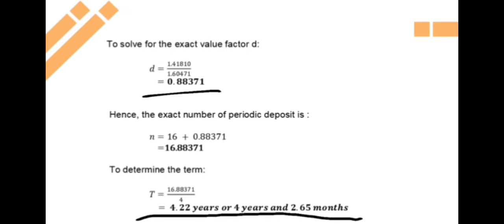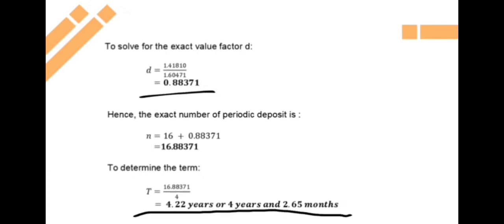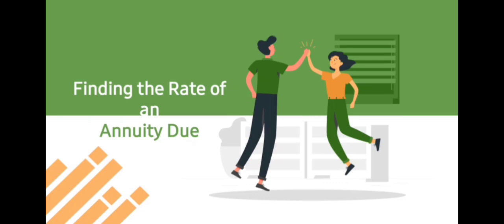So, this means this is how long it takes Angel to accumulate 100,000 pesos.